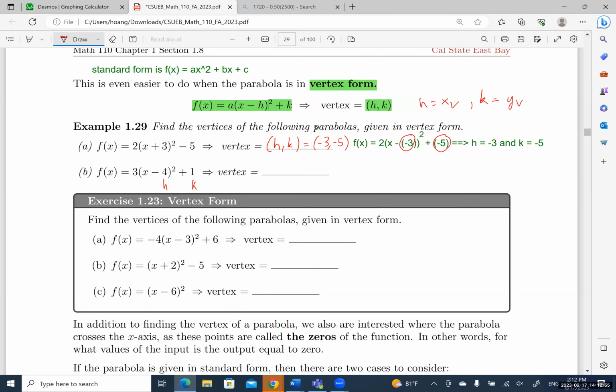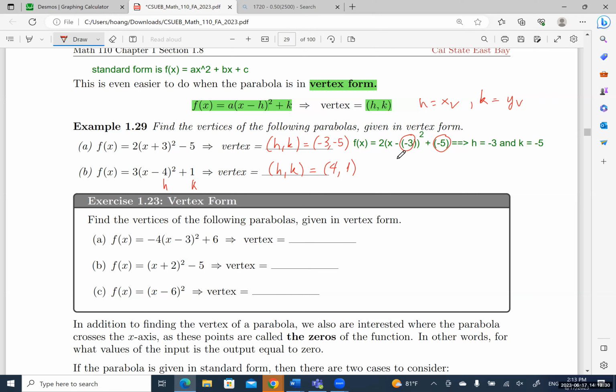So then the vertex will be h comma k, which equals 4 comma 1. Right? And you see that I have minus h, so exactly what I need. So I don't have to convert the negative things there. I can right away have the corresponding h and k from this form.